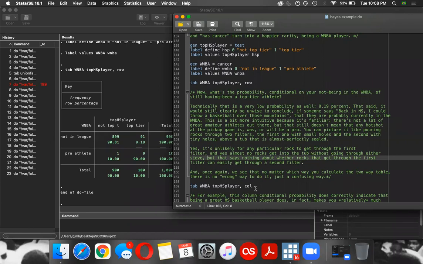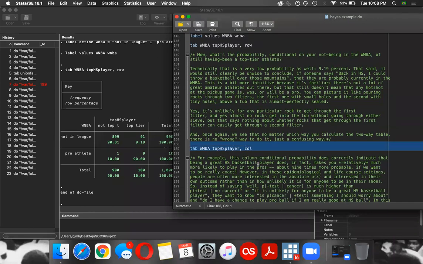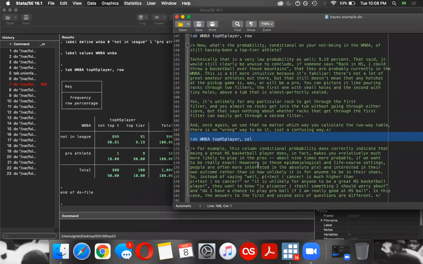And we can do the same thing here. We can once again show that no matter which way you calculate the two-way table, there's no wrong way to do it, just a confusing way. So let's look at this here. Now we see conditional probabilities that are calculated in possibly a more meaningful way, because in this case, just like before, the thing that maybe is causal, I should say, is probably your high school athletic status, right?